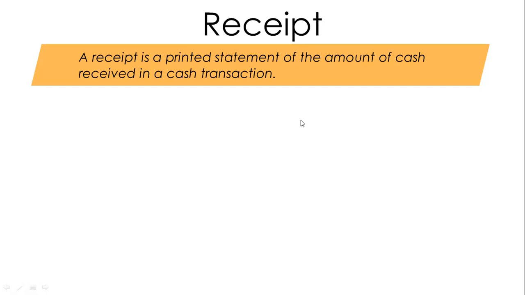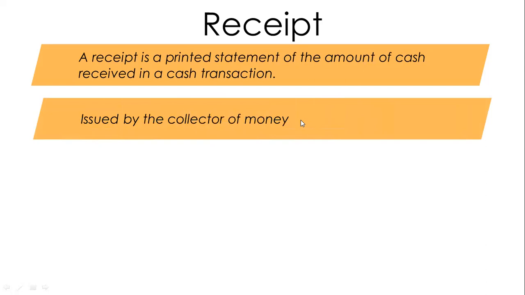And I think you have this practice. If you have a shop, when you have received money, you have to issue a bill. That is a source document. That is the receipt. So it's a printed statement of the amount of cash received in a cash transaction.